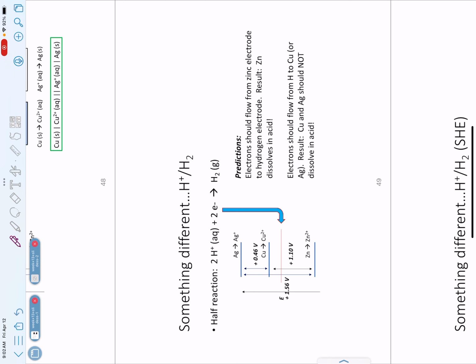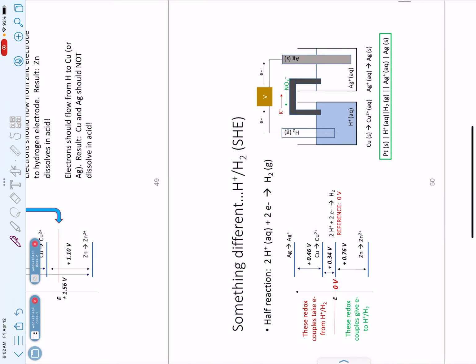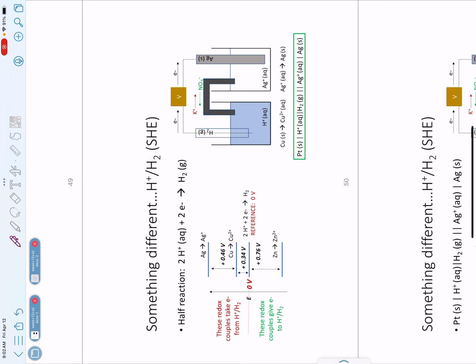All right. So if I have a 0 point, I can reorganize my diagram. Instead of measuring everything relative to zinc, like we just did, I can measure things relative to my hydrogen ion. Now here's part of the problem. Hydrogen is a gas, so it's hard to make an electrode out of a gas, so what do we do?